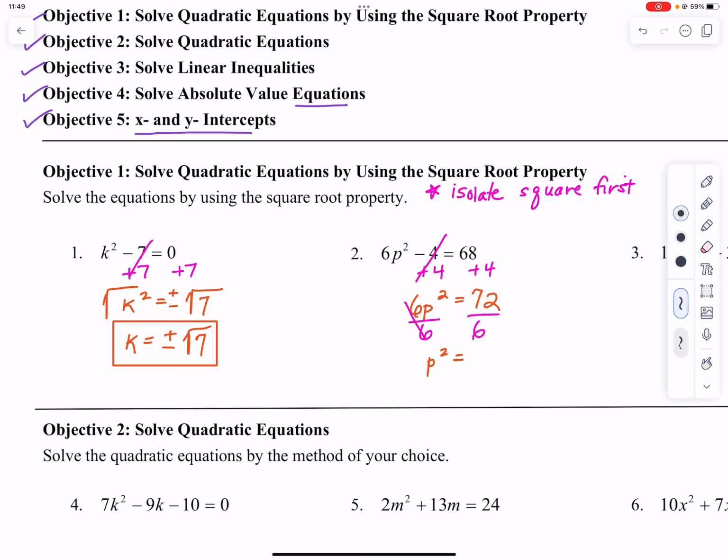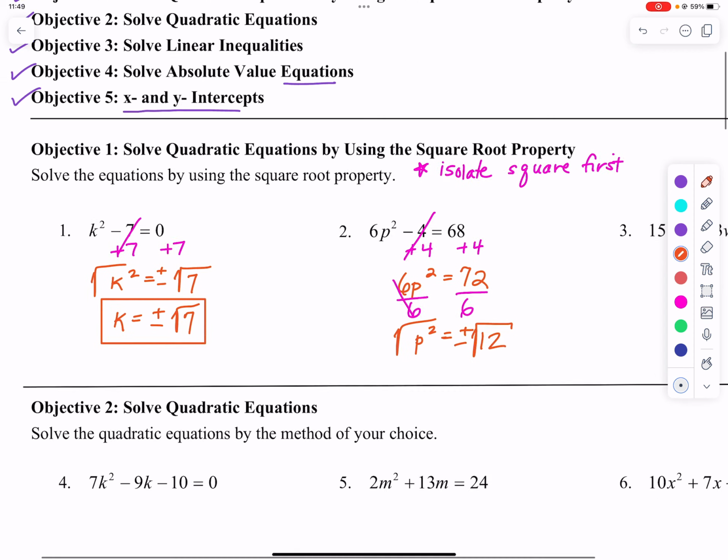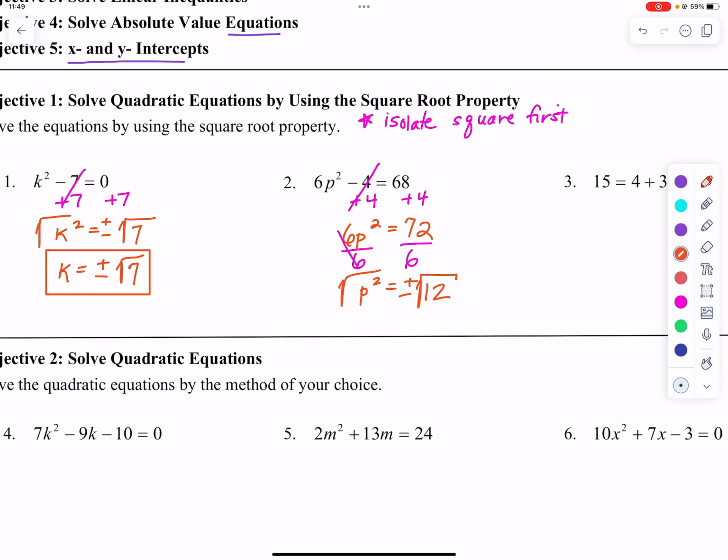And again, we're going to take the square root of both sides, plus or minus the square root of this side. And so we will have, let me rewrite that, p equals plus or minus the square root of 12.